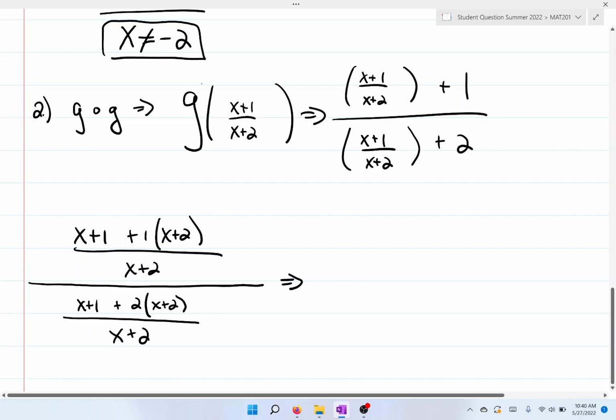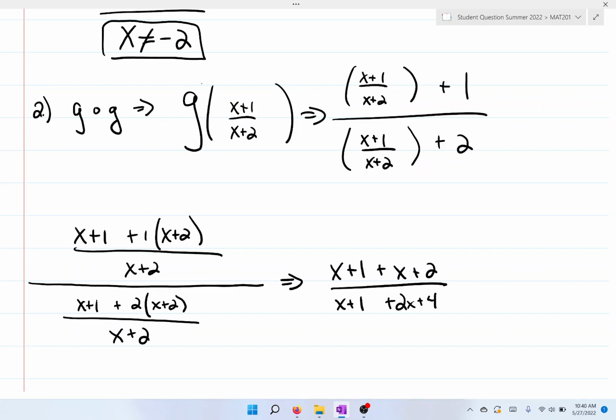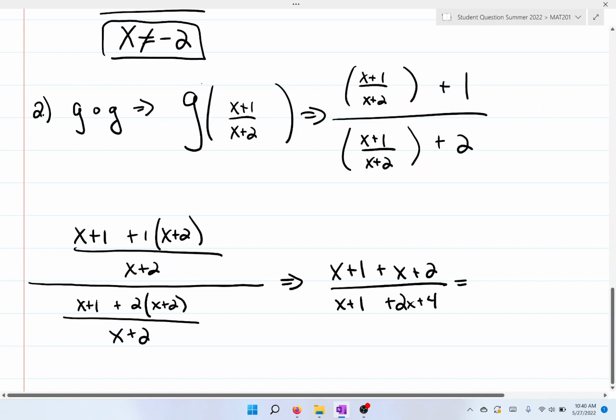This is going to reduce to x plus 1 plus x plus 2 all over x plus 1 plus 2x plus 4. All I did there was divide fractions. In other words, the x plus 2's will reduce, and you can distribute the 2. And then finally, combining like terms in both numerator and denominator, we get 2x plus 3 over 3x plus 5.